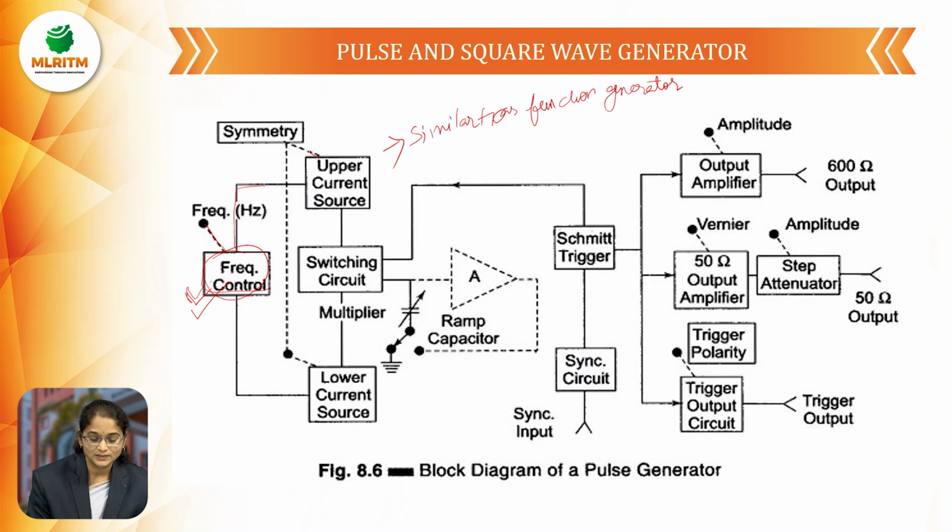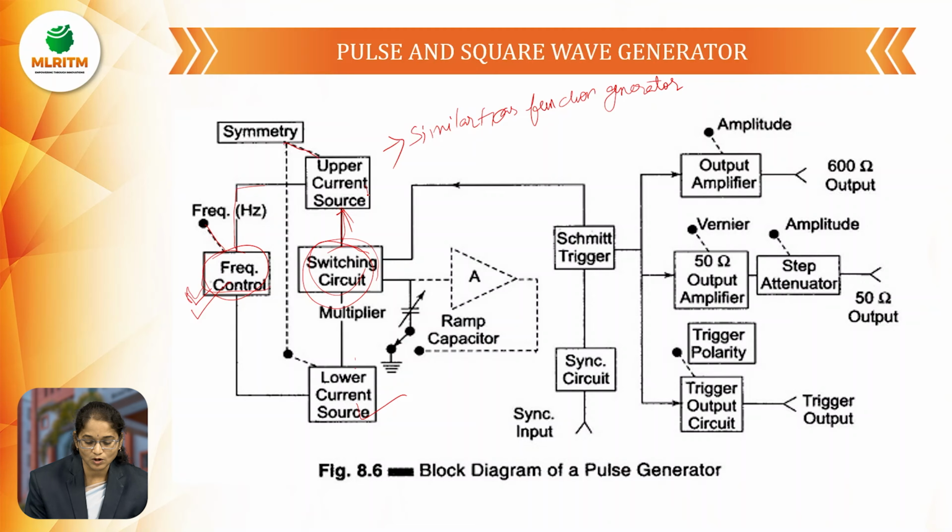Then we have the symmetry control for the upper and lower constant current sources. The switch circuit acts as a switch to turn the circuit on or off. Whenever the capacitor voltage reaches the threshold difference value, it switches on and off both the upper constant current source and the lower constant current source.